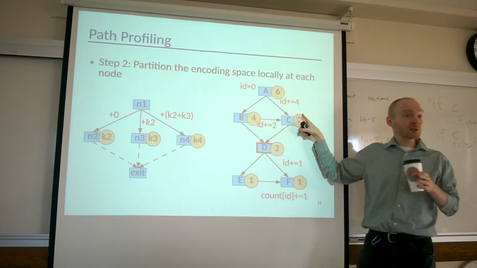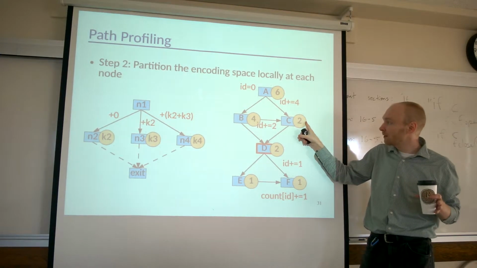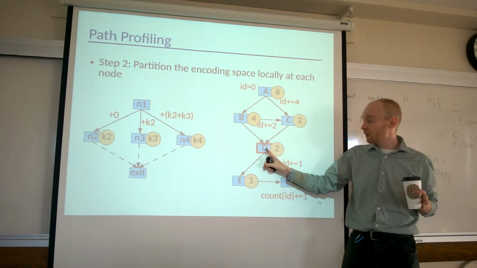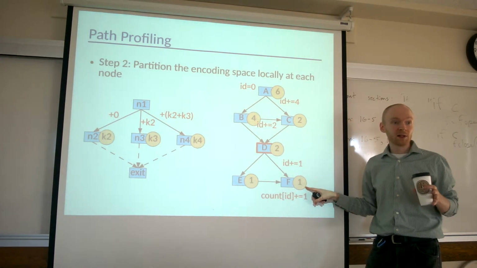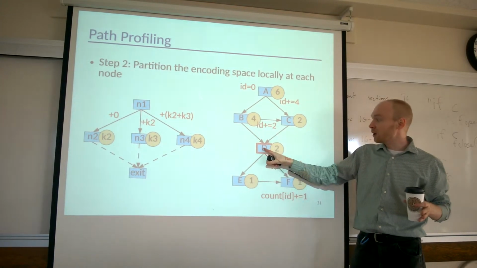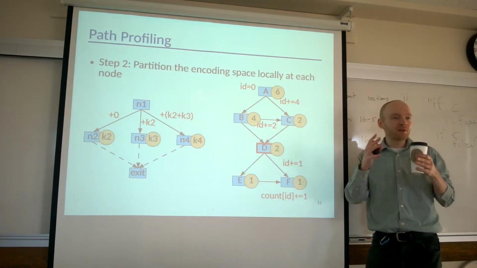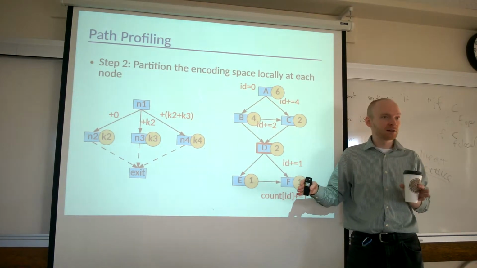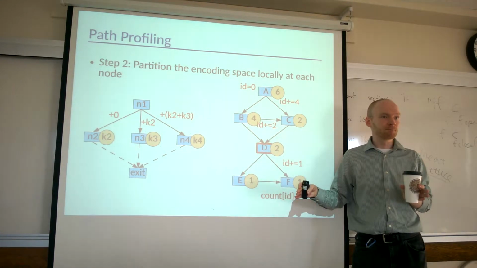Well, let's look at the 4 and 5. The 4 and 5 then comes down here and can take 2 different paths. If they go this way, what is it? 4. It's 4 because we don't add anything. If they go this way, then we further subdivide the encoding space using this, and we get 5, right? Clearer?